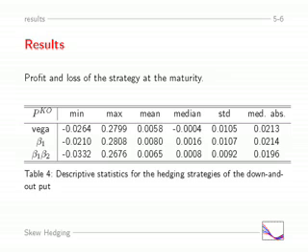This is the case of puts. You can see that standard deviation from Vega and beta 1 was very similar, but if we include additional hedge, we can improve these results.